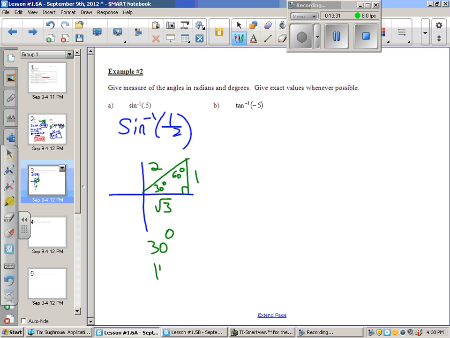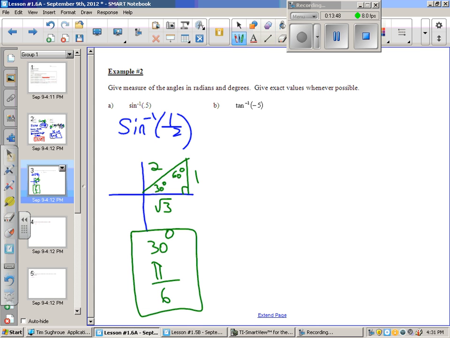for only radians. You need to know that 30 degrees is the same thing as pi over 6. You can certainly convert by multiplying by pi over 180, but if you have to do that every single time, you're going to waste a lot of time converting.